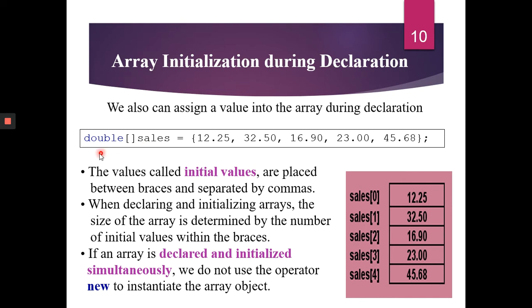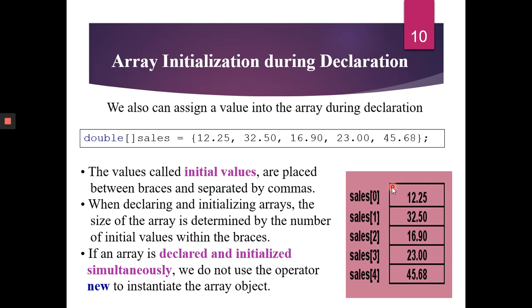So what you have to do is that you just write the data type of your array, your square bracket, and the name of your array equal to, you have to put the values of the element of the array within curly braces, and you separate them with comma. So meaning the value will be 12.25, 32.50, and so on. So these values will be kept in the array sales.